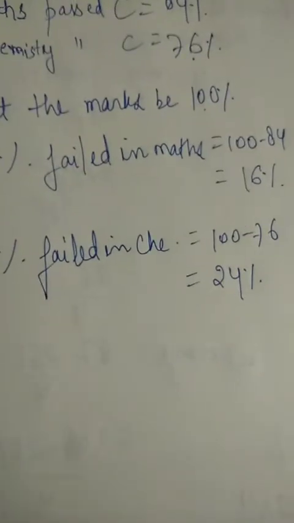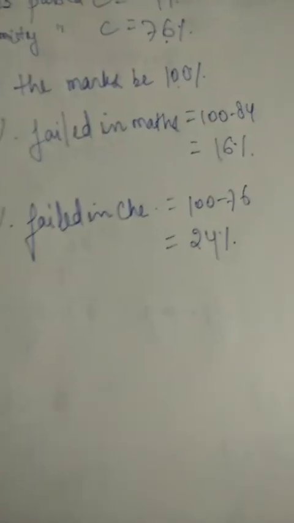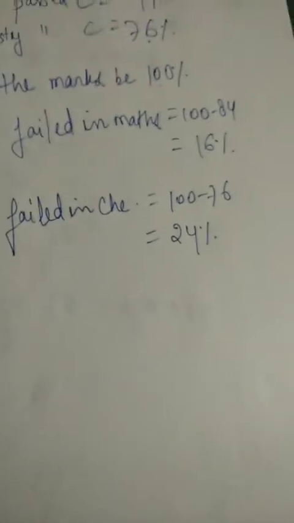And failed in both the subjects is given in the question: 8% are failed in both of the subjects, that is maths and chemistry. 8% of students are failed.